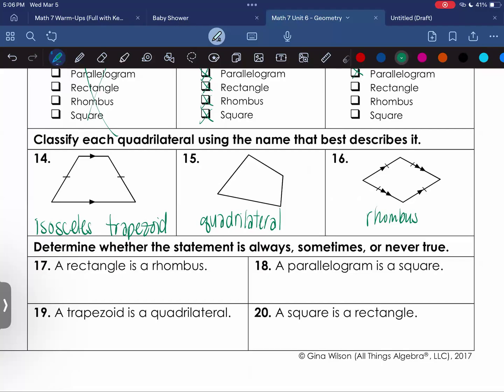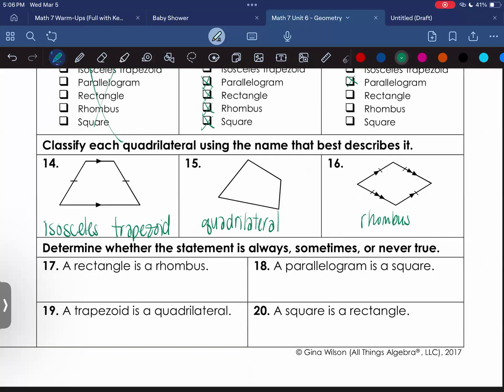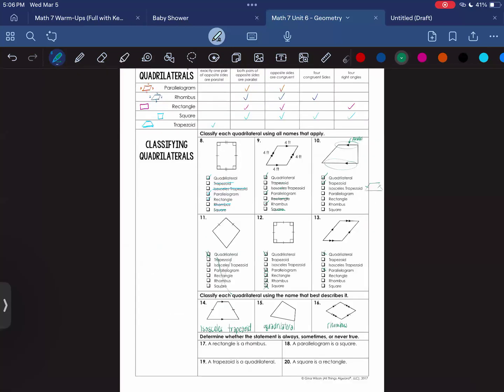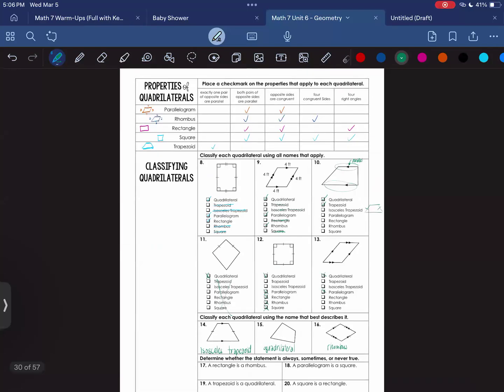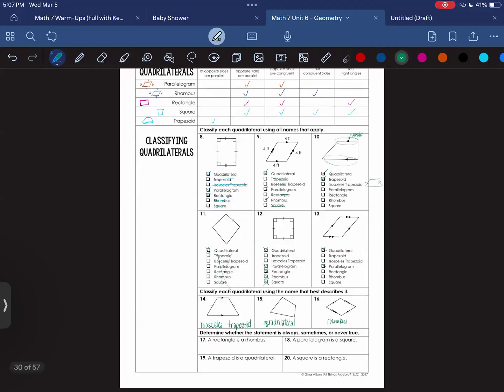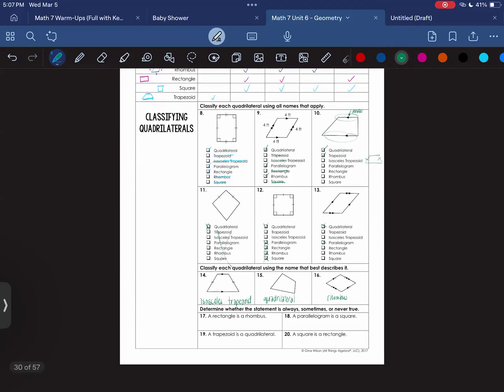All right, you should have done this on your own, but number 17. It says a rectangle is a rhombus. All right, is this true? Well, let's remember that a rectangle has to have both opposite pairs parallel and opposite sides congruent. Okay? And then a rhombus also has that. Then they also have four congruent sides, right? So let's look at this one right here.